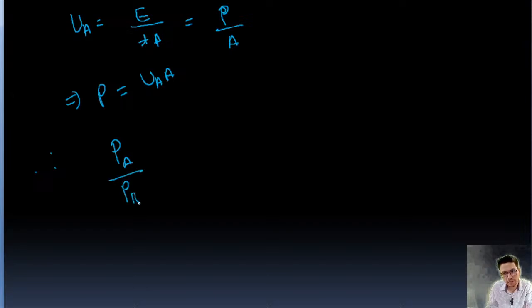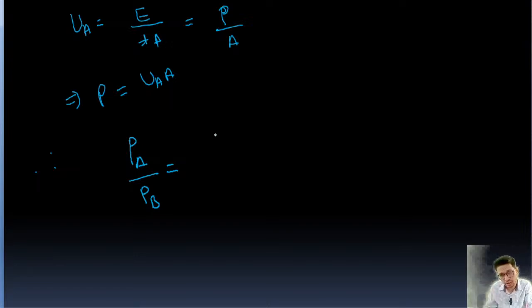I am denoting power by P, so power upon A. So from here this implies power is equal to energy density into surface area, right? So PA upon PB, the power of black body A upon the power of black body B, is going to be equal to UA upon UB into A1 upon A2.